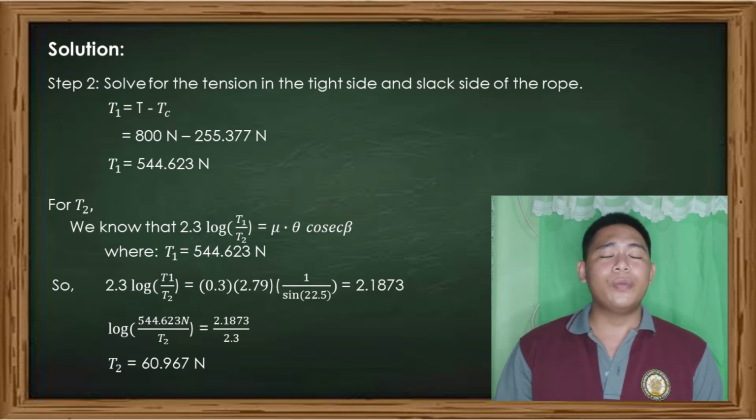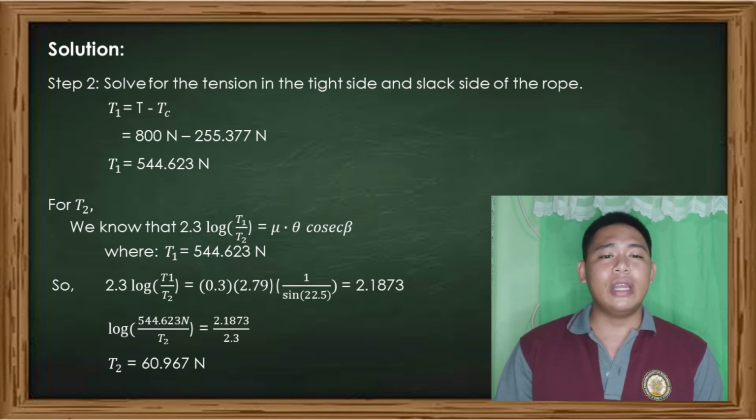We know that 2.3 log of T1 over T2 is equal to the coefficient of friction times theta times cosec beta, in which the values for T1, coefficient of friction, theta, and beta are already given.